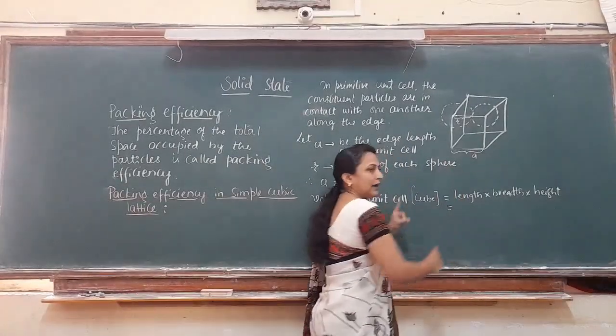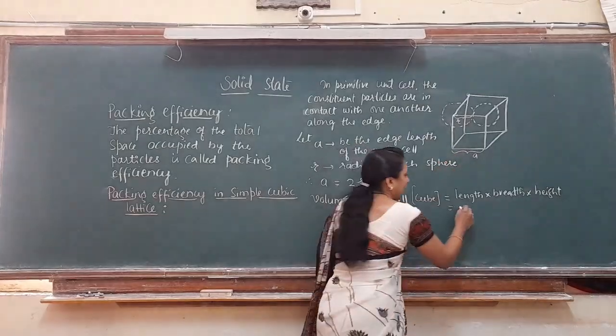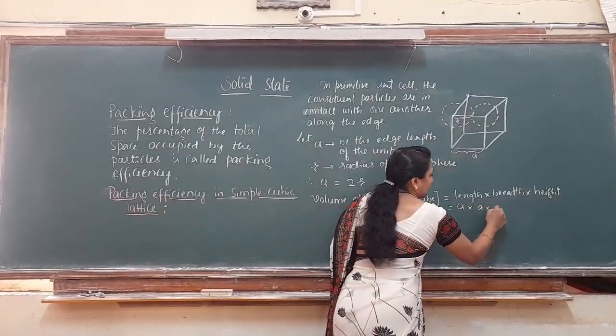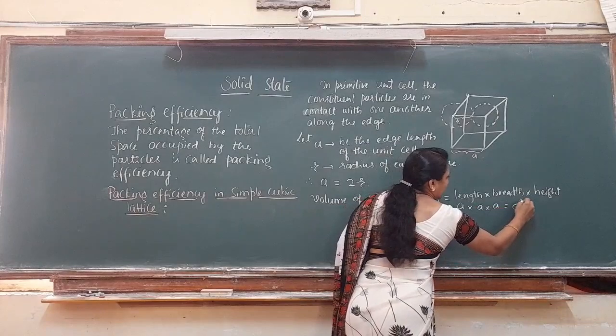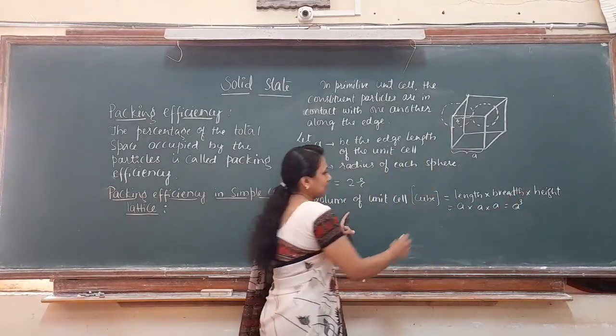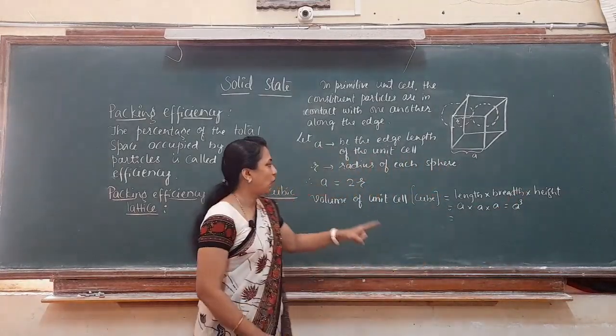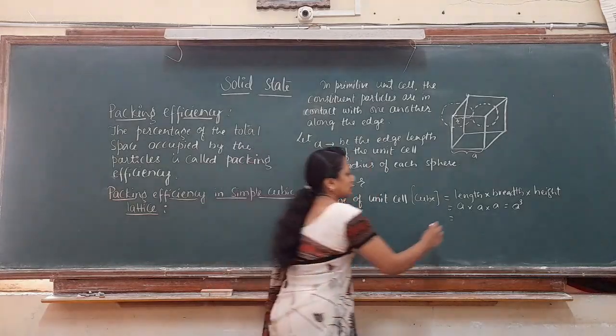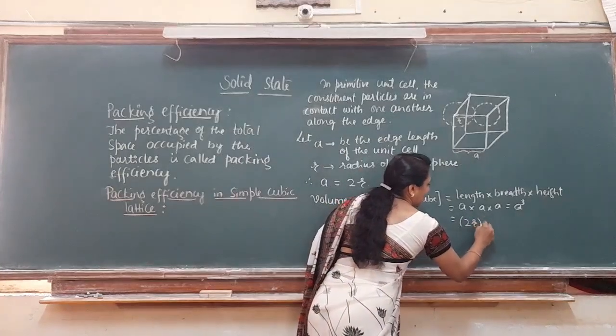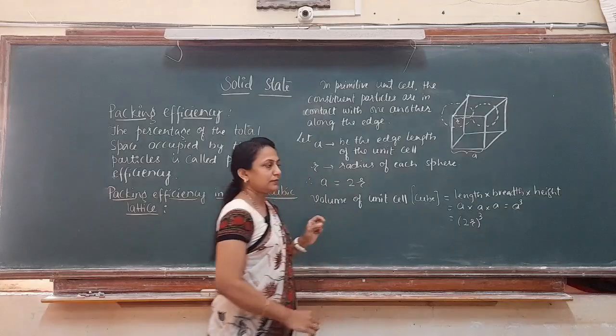This length, breadth and height is a, so a into a into a, which is equal to a cube. Here a is 2r, so it is (2r) cube.